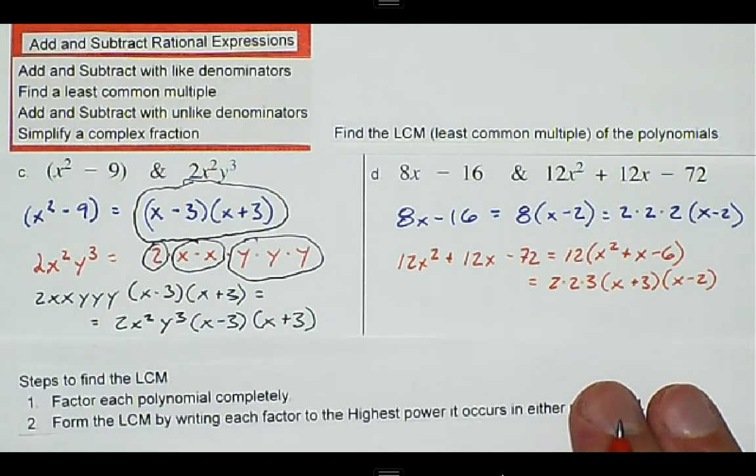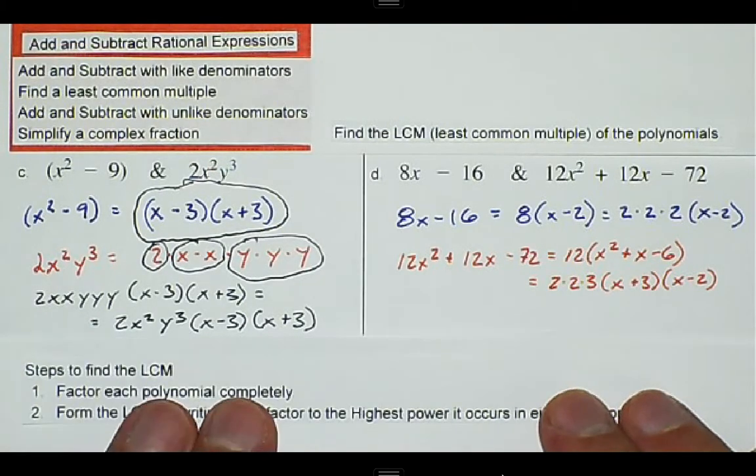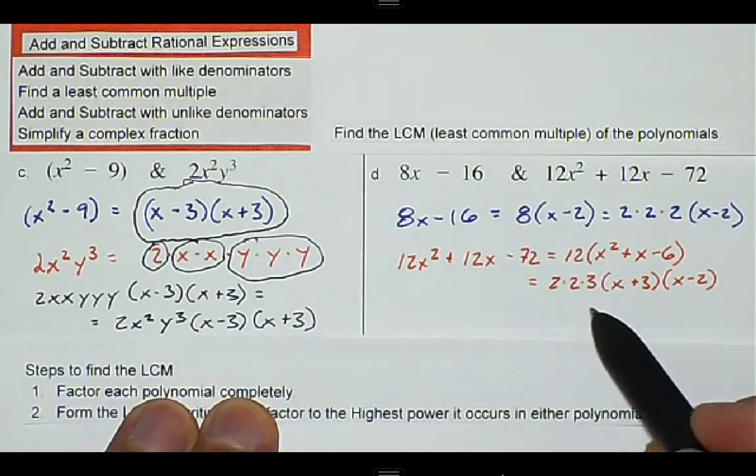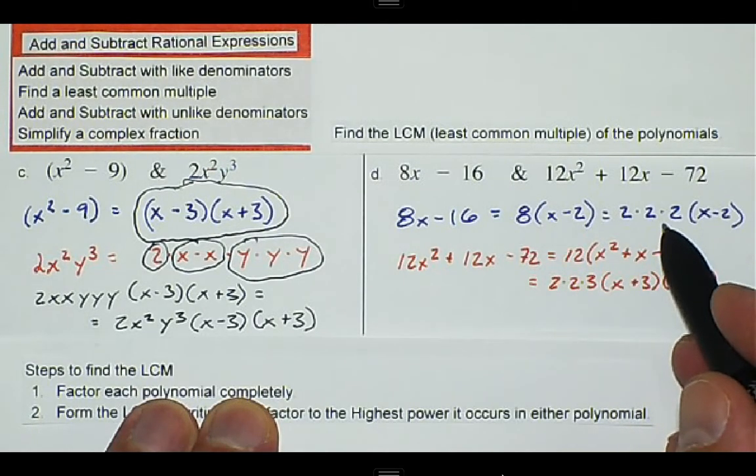So the next thing that we need to come up with is we want to write each factor to the highest power it happens in the polynomial. So for each of these, they each have a 2 in it. We have 2 times 2 times 3, and here we have 2 times 2 times 2. So this one happens 3 times.